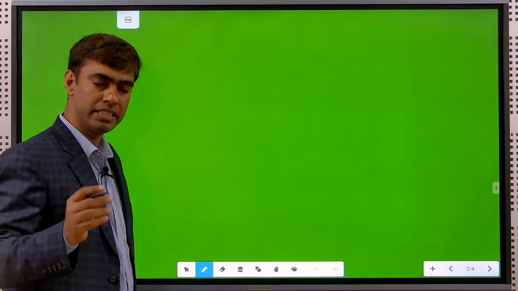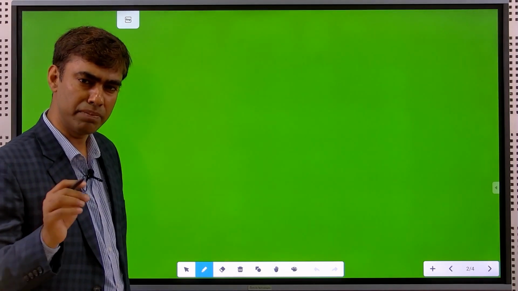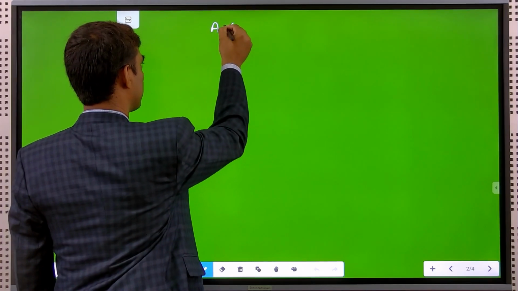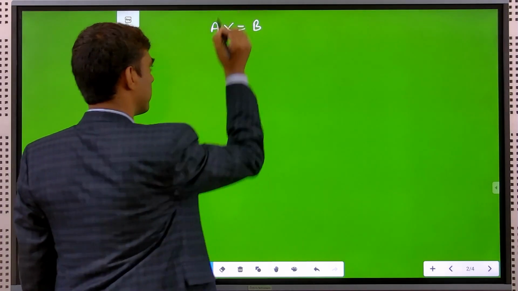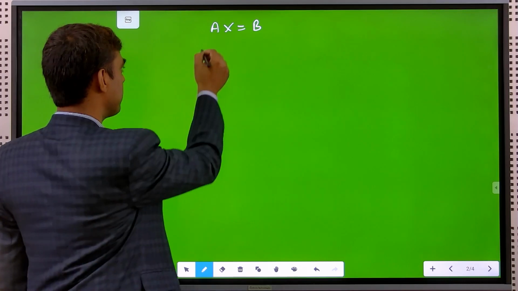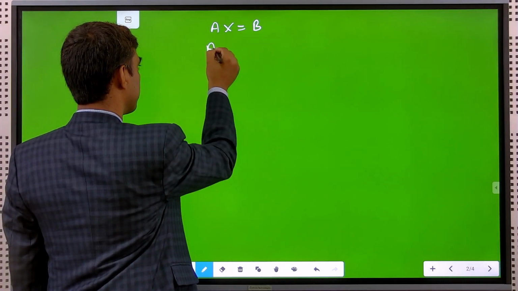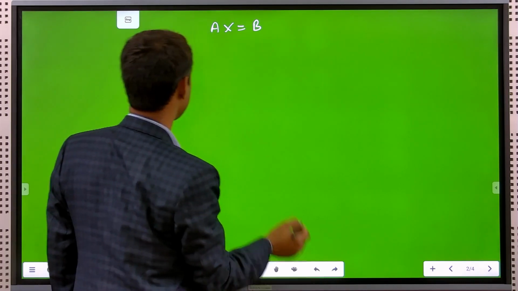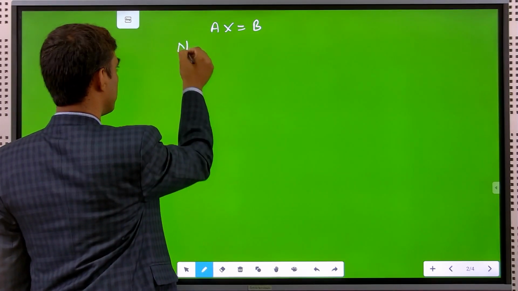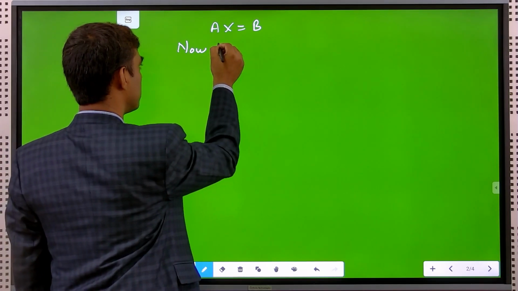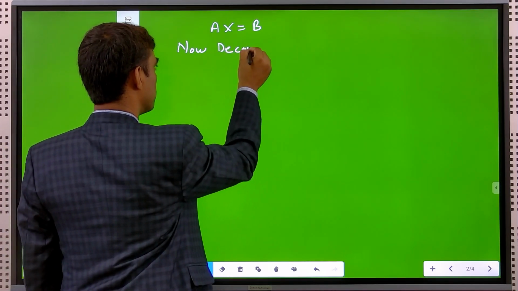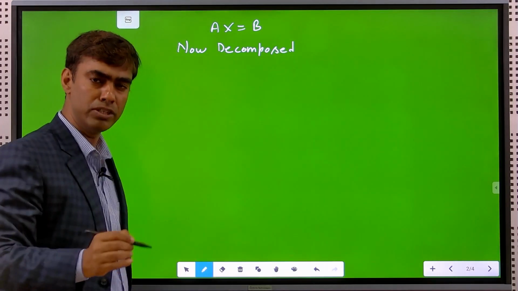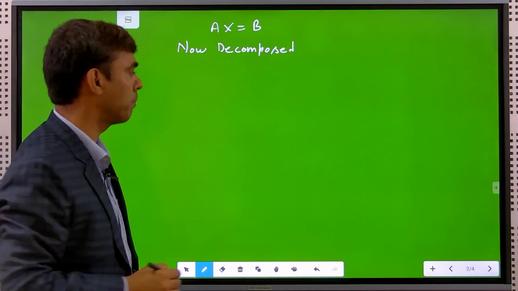Once we write the given system in the form Ax equals B, we decompose A into a lower triangular matrix and an upper triangular matrix.